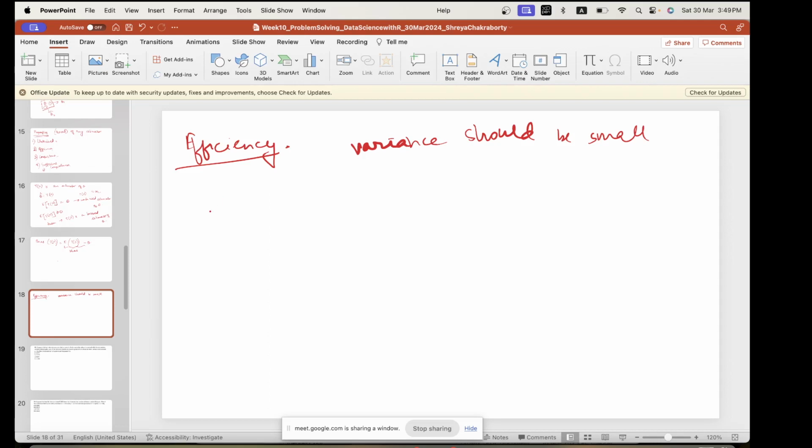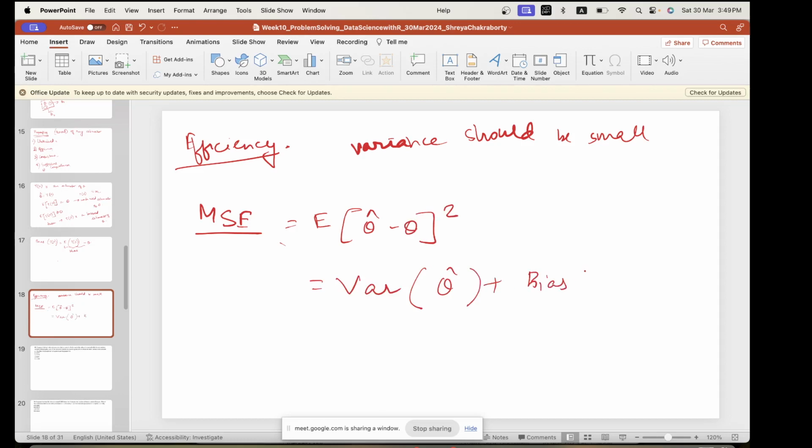Now we learnt about a term called mean square error, which is the expectation of (theta hat minus theta) whole square. And this you could write as variance of theta hat plus (bias of theta hat) whole square.